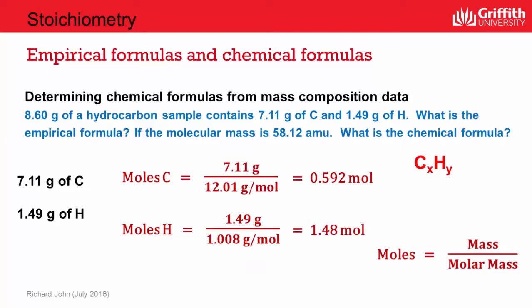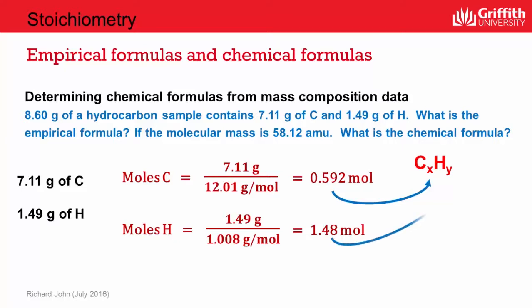Put that into our calculator and we get 1.48 moles. So that 0.592 moles is essentially the moles of carbon and the 1.48 is the moles of hydrogen. And these could effectively be the mole ratios, and we could write down our empirical formula like this.